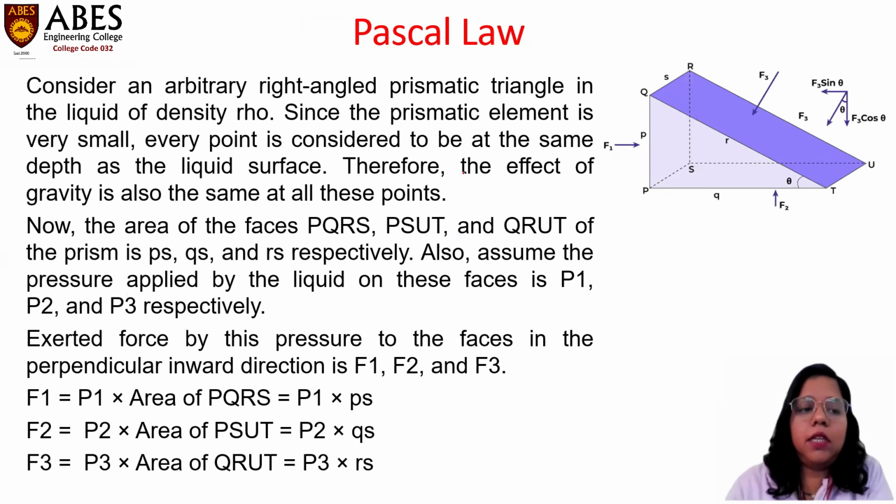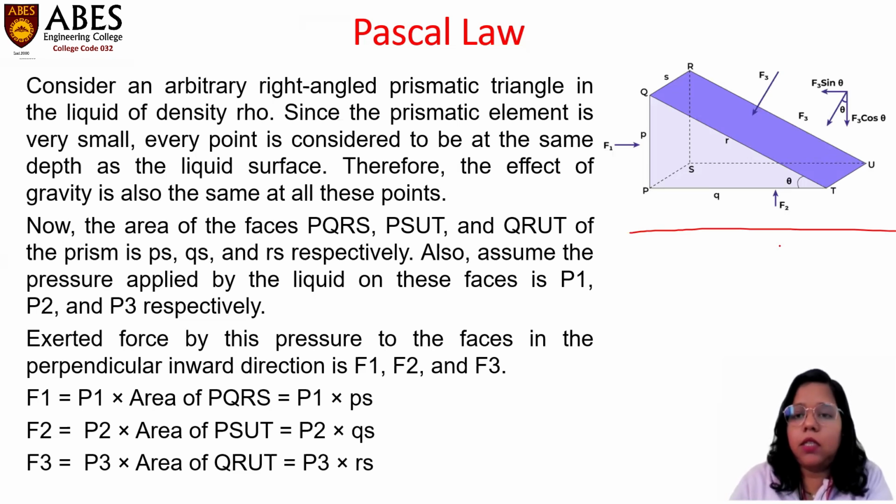So consider an arbitrary right-angled prismatic triangle that is submerged in the liquid of density rho. Here, this is the right-angle prismatic triangle, submerged in the liquid of density rho. Since this prismatic element is very small, every point is considered to be at the same depth from the liquid surface. Therefore, the effect of gravity is also the same at all the points of this prism.